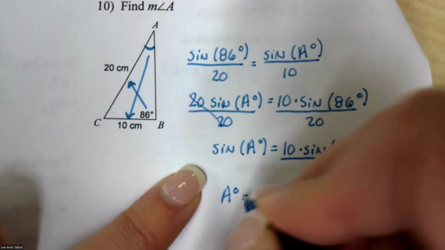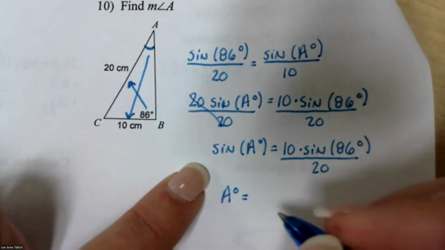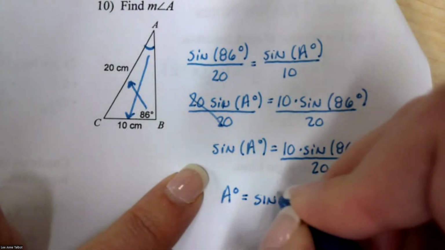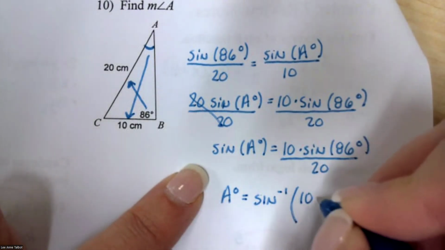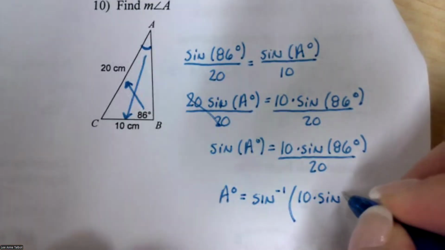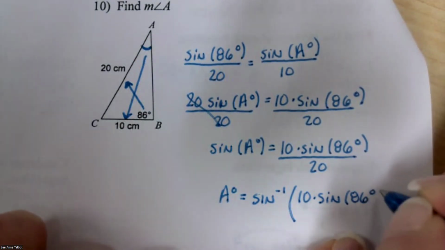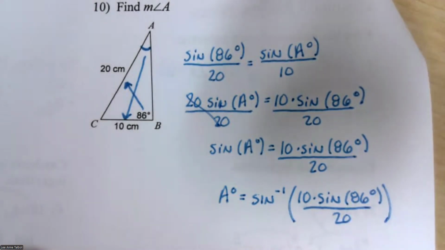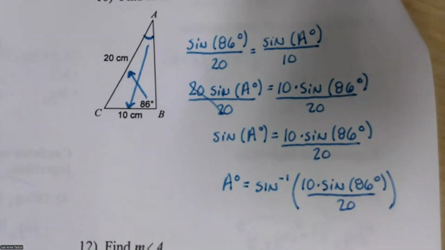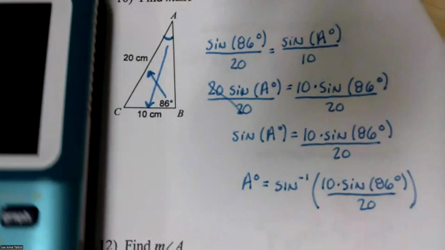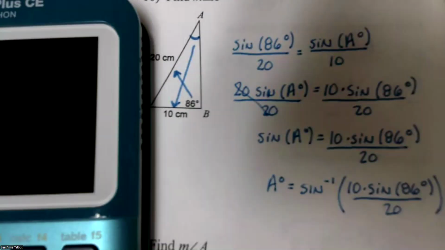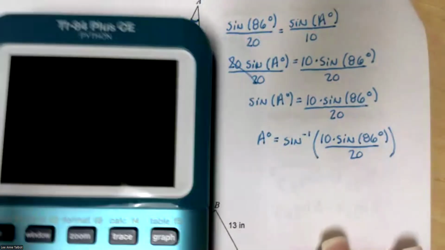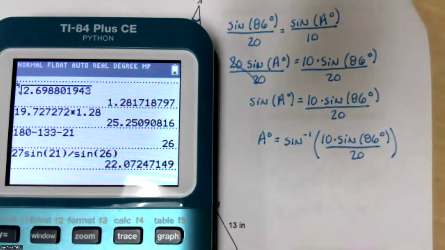I'm not going to show it on both sides, but I am going to sine inverse both sides. And again, type this in one fell swoop, which means all at once.